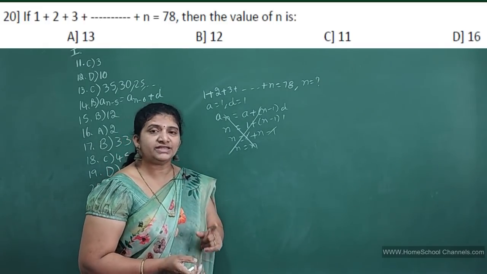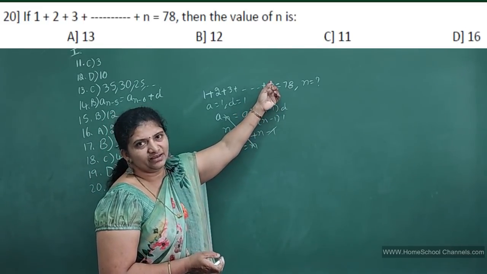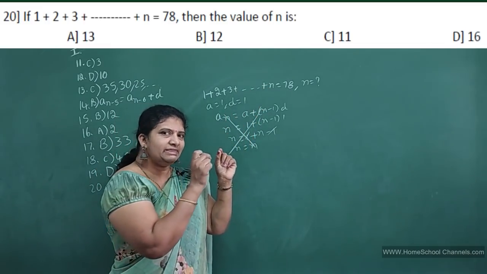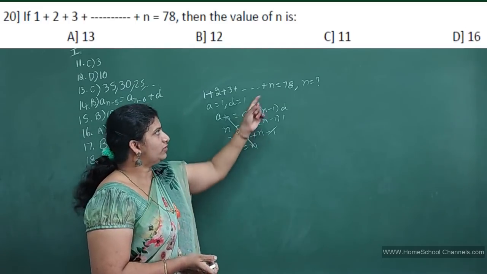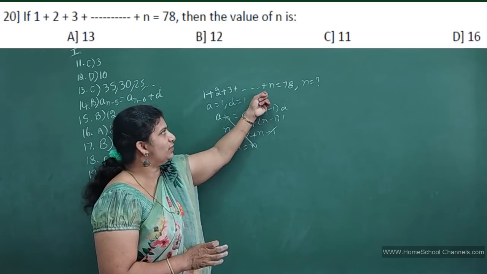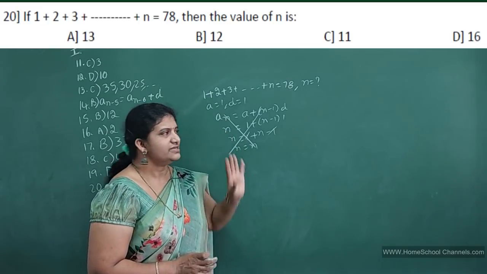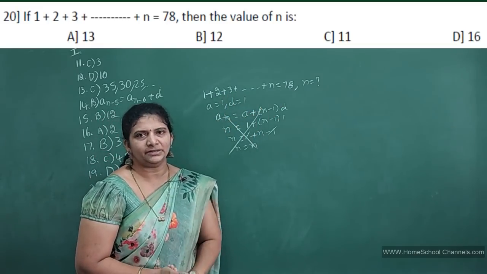But it is sure that if I say 10th term, this will be 10. If it is the 12th term, n value will be 12. Nth term and n value will be the same. In order to confuse you, here there is a letter n. Don't bother about it. Just observe only 1, 2, 3 and 78.